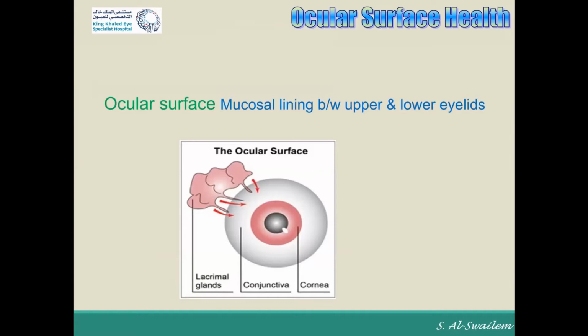So the ocular surface health, you will hear about this term from now until the end of this presentation. The ocular surface, as you know, is the mucosal lining between the upper and the lower eyelids, which means that we're talking about the epithelial coverage of the cornea, conjunctiva, all the way to the lid margin.